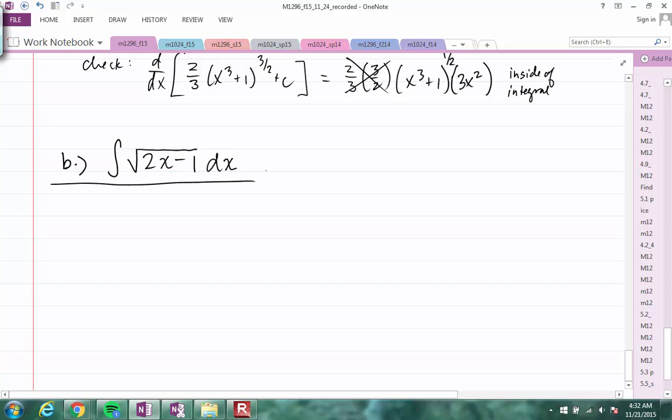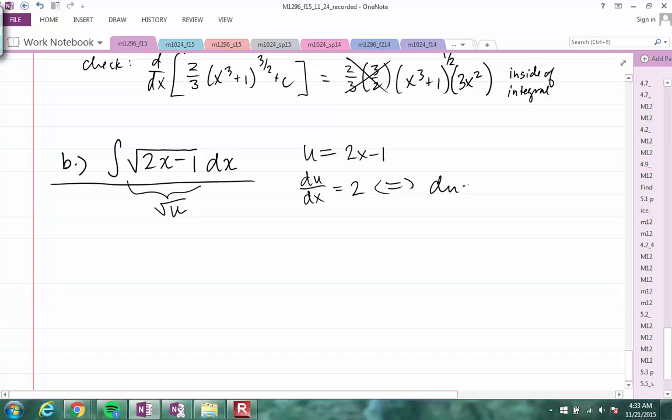Alright, so what we're looking at is the substitution rule. It helps with composite functions. So what we'd have here is the integral of root u. So our u is 2x minus 1. The derivative of that is 2.